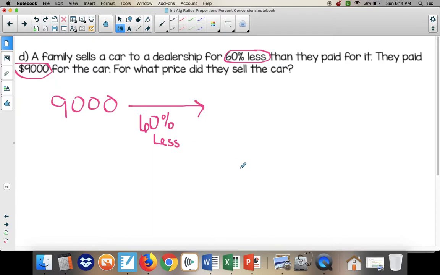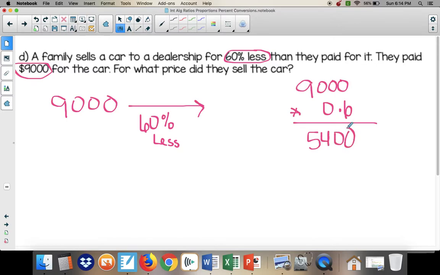So I wish I was in class with you guys to be able to be like, what do you think we could do? Well, if we're going to take 60% less than what we paid for it, we can do a couple of things. You can either take 9,000 times 60%, 9,000 times 0.6, which is 5,400.